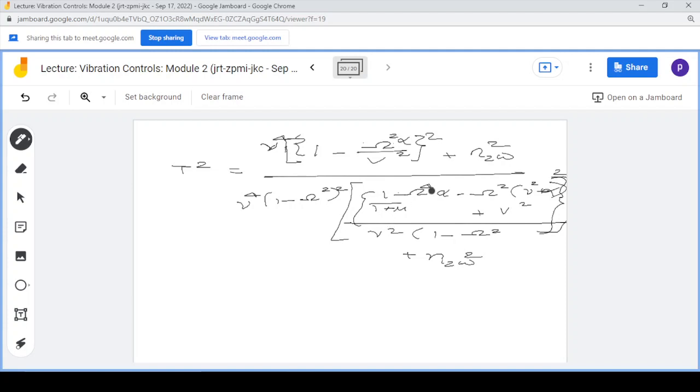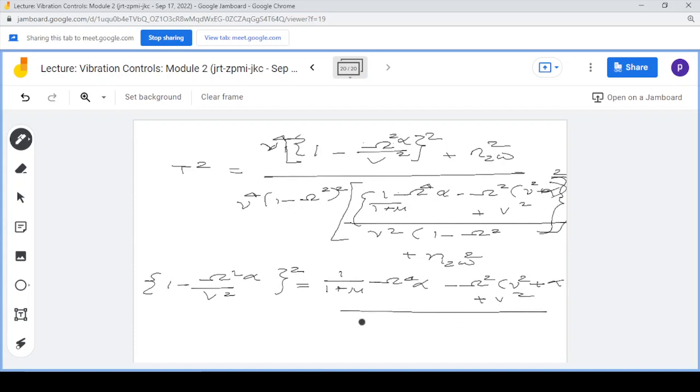If the terms in the curly bracket in the numerator and denominator are the same, that is when 1 minus omega square alpha upon nu square is equal to 1 upon 1 plus mu, omega raised to 4 alpha minus omega square into nu square plus alpha plus nu square, divided by nu square into 1 minus omega square, and this whole again raised to 2.